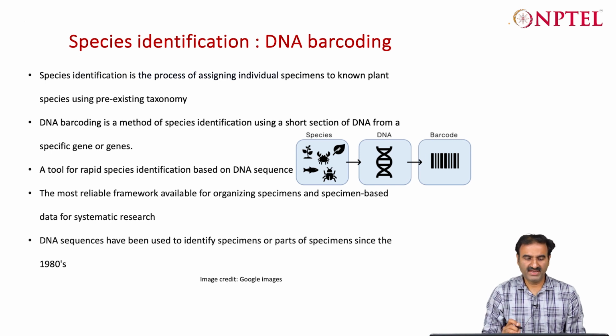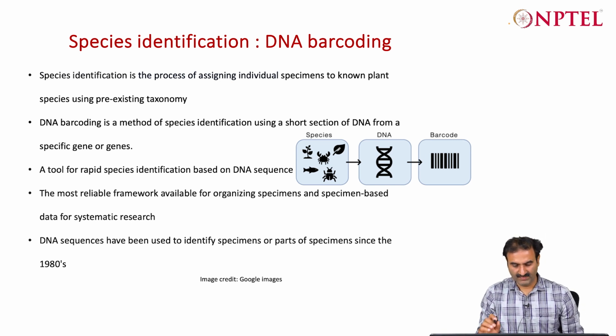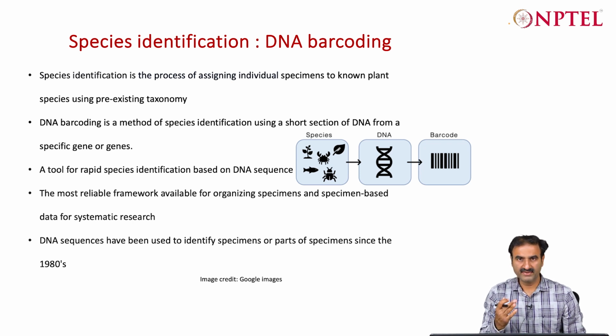Okay, so basically what marker you are going to use will matter. Okay, and a combination of markers is even more preferred, so that you confirm by using multiple markers that the species that you are saying, okay, this is the species, is the same species, right?